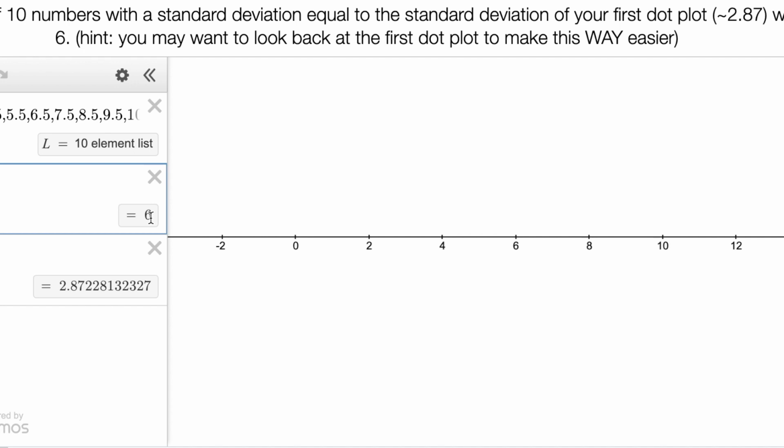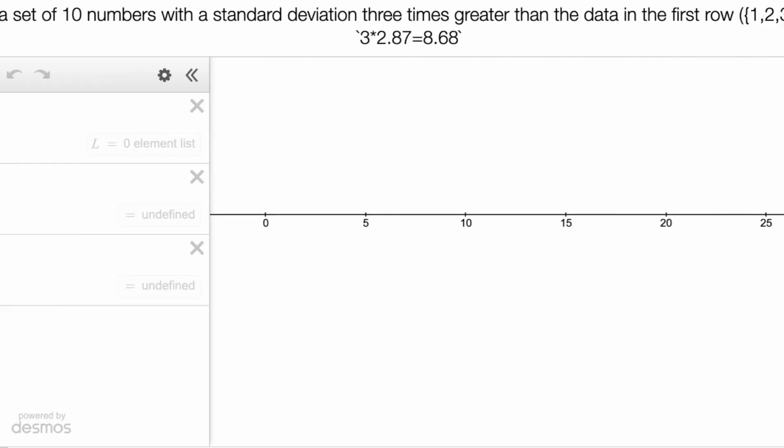So look, our mean is now 6. Our standard deviation stayed the same at 2.87 because we still have these numbers just one apart from each other. So that worked. Then we're just going to click next and go to the next one.